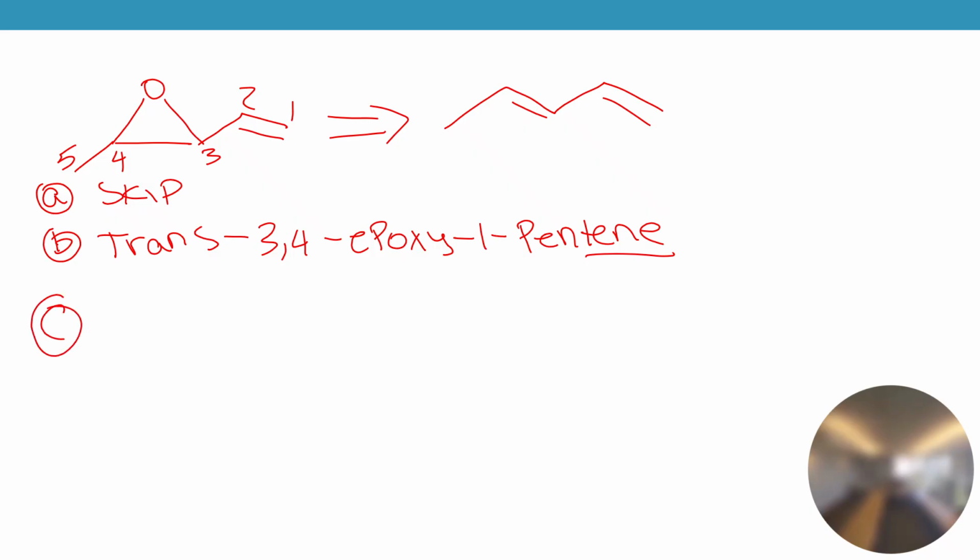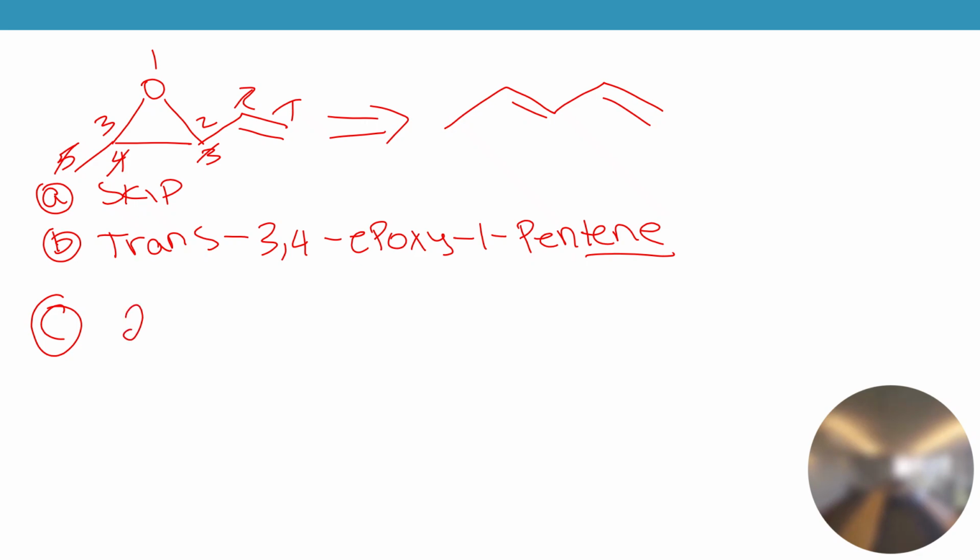And then last is the oxirane. So 1, 2, 3. The oxygen is always going to be 1. I don't have a good reason why this is named like this in the book.